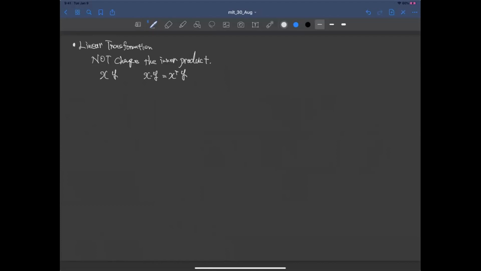Not changing the inner product means that the inner product of transformed X and transformed Y is the inner product of X and Y. That's one of the properties.